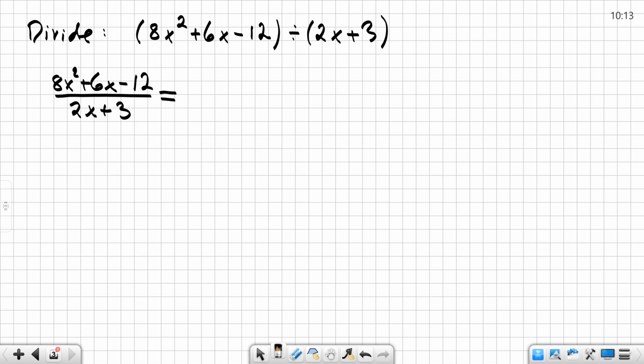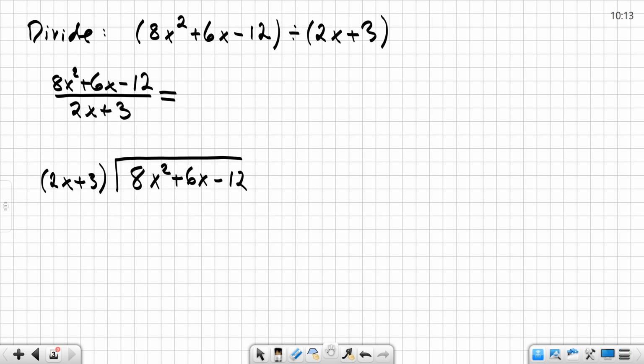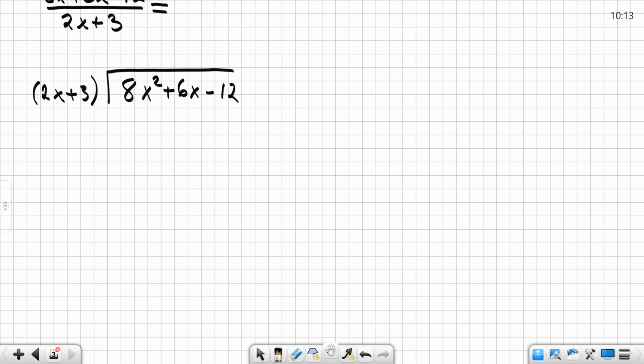I wonder what this will be. How do I do this? By setting up a long division problem. 2x plus 3, the divisor goes to the left, the dividend goes underneath, 8x squared plus 6x minus 12. And now I am starting this in the following way.